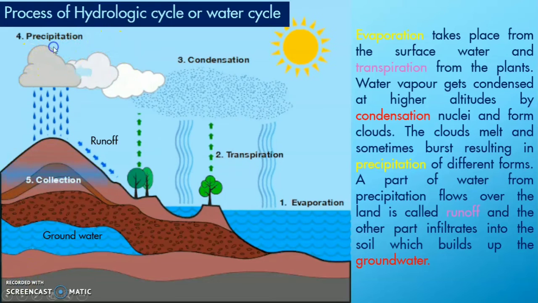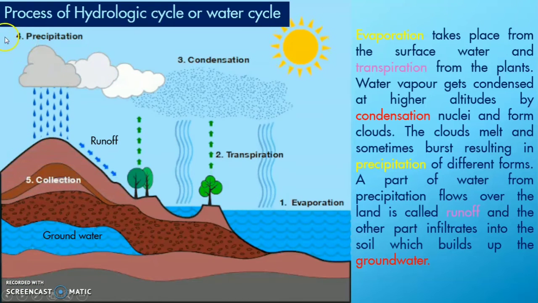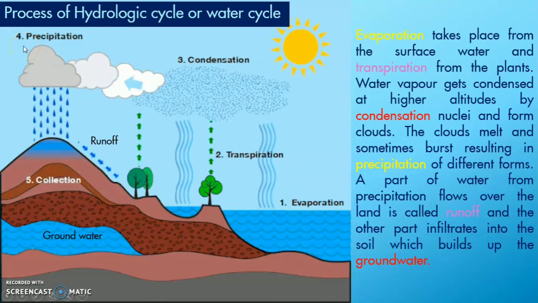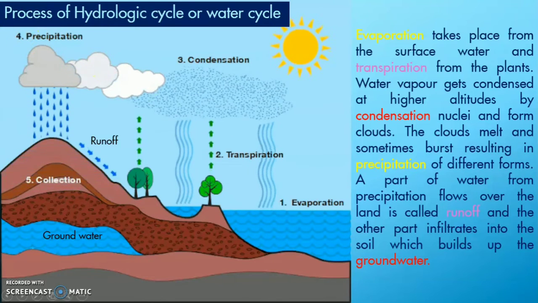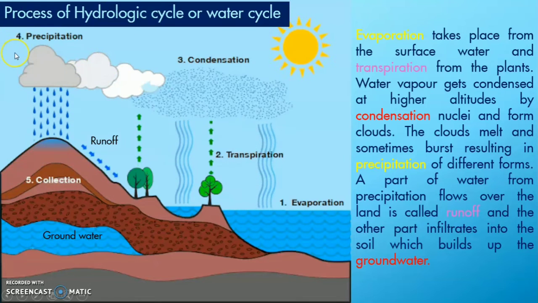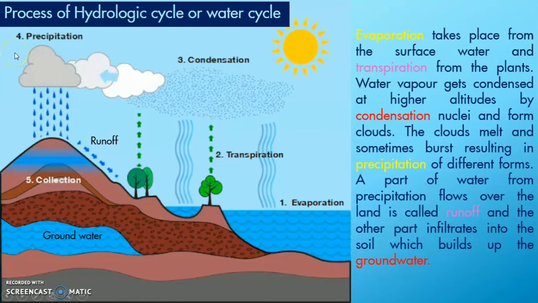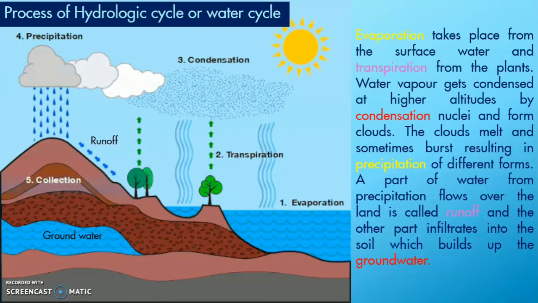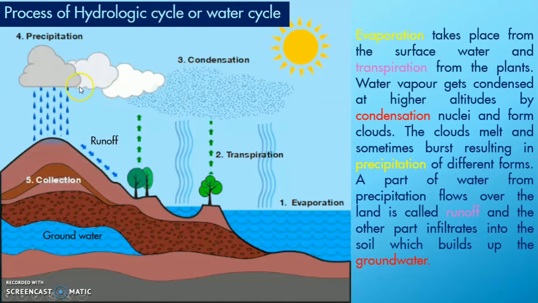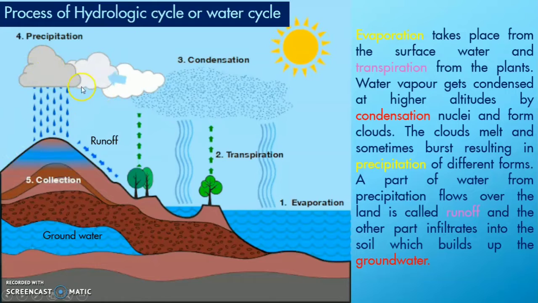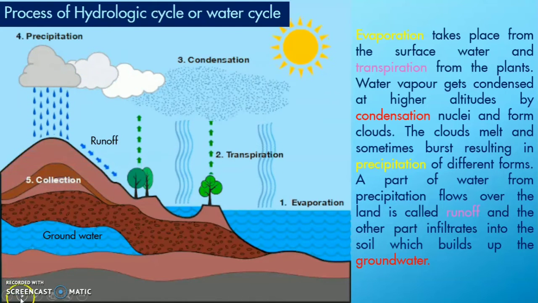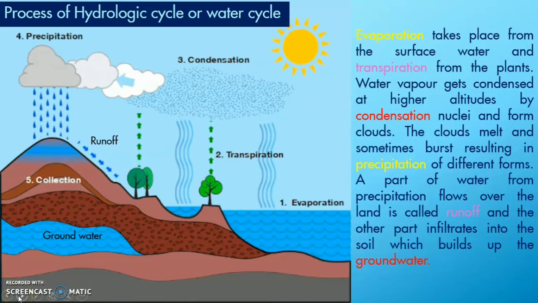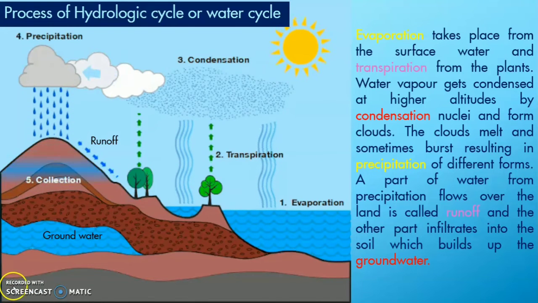Good. Now, as the water droplets keep accumulating, the clouds become heavier and heavier. So, as the clouds become heavier and heavier, they sometimes burst, resulting in precipitation of different forms. Children, precipitation may take the form of rain, snow, hail, sleet, etc. Is it clear?